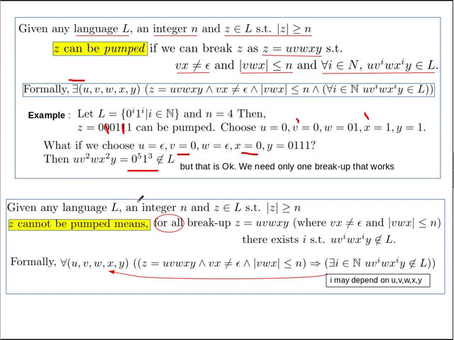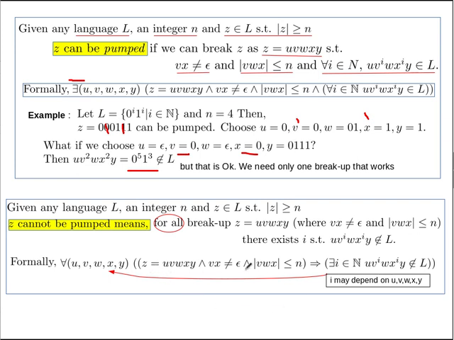But then what does it mean to say that z cannot be pumped? Now see here, this negation comes in practice. If you take a negation here, then this there exists will change to for all, right? And then the negation will go inside. Now if the negation goes inside, this conjunction will become implication.